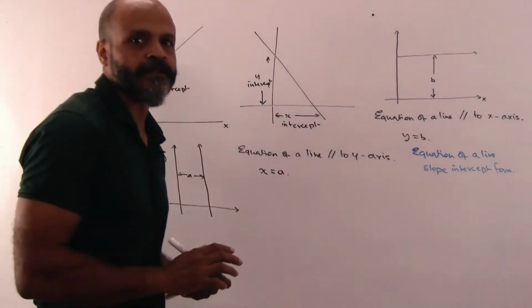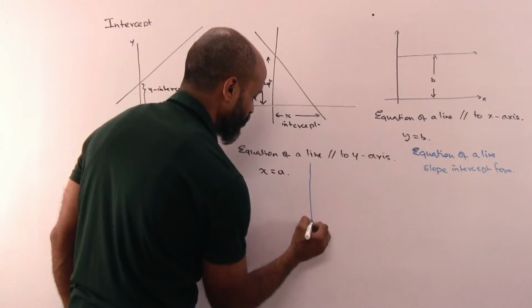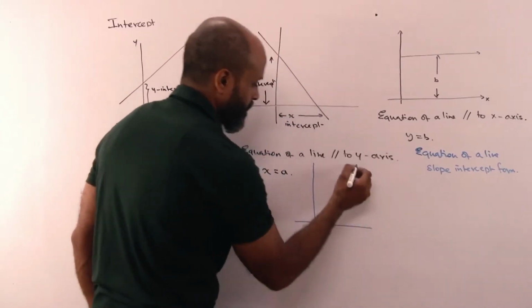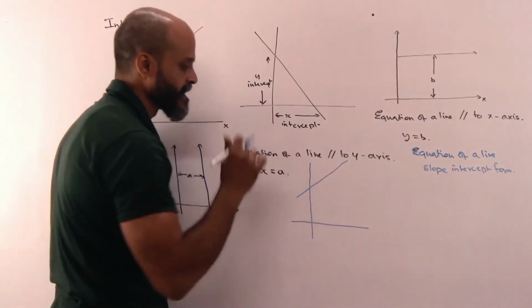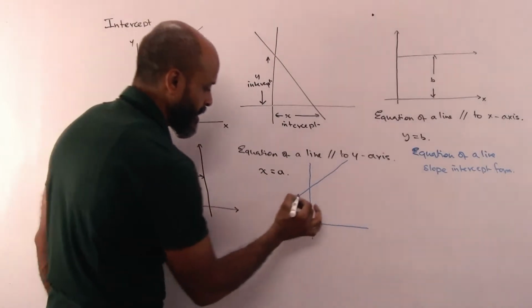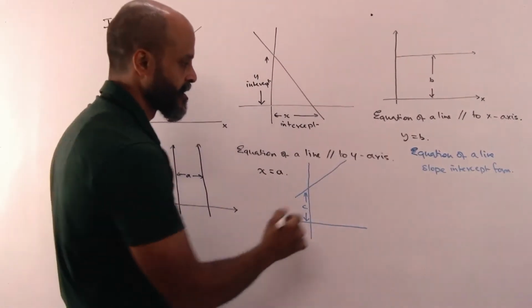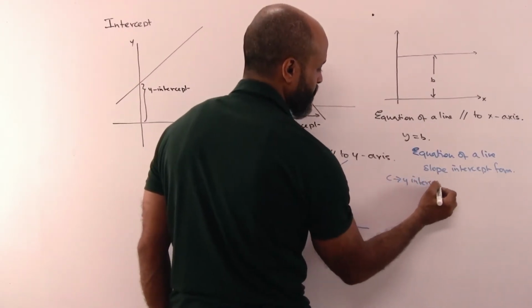Let's say we have a line here, and it is cutting off an intercept of c with the y-axis. So c is the y-intercept here.